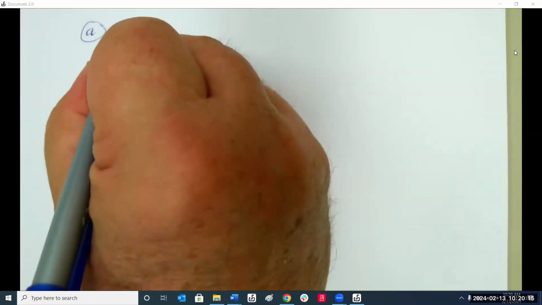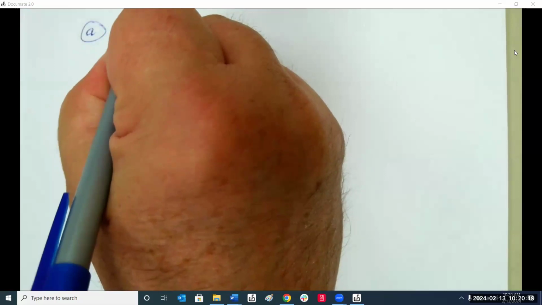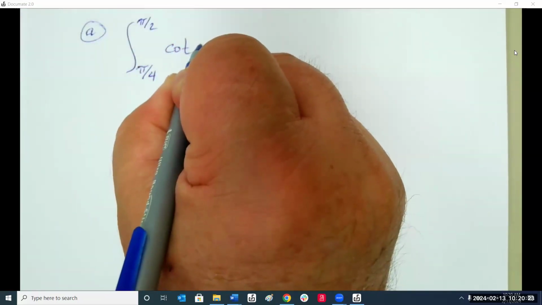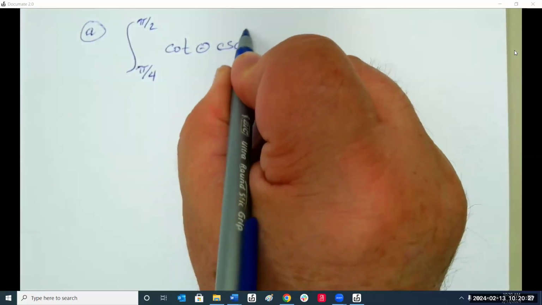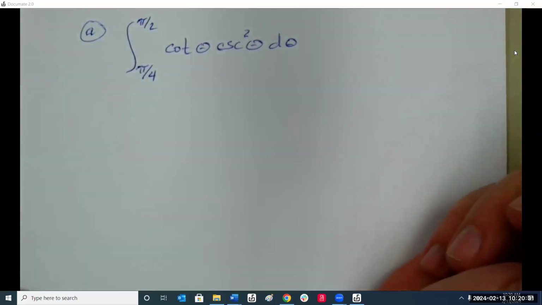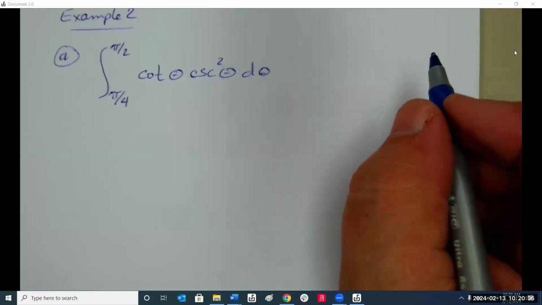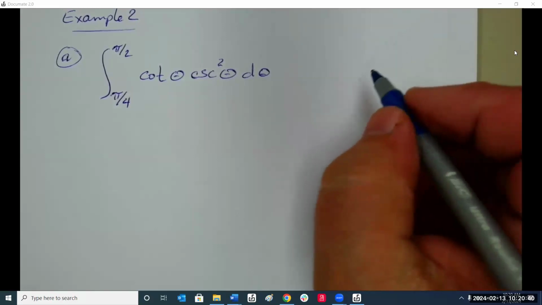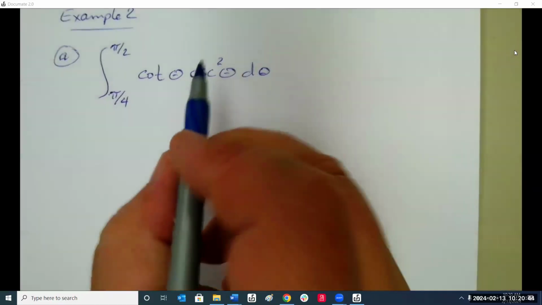A. From pi over 4 to pi over 2, we have cotangent theta times cosecant squared theta d theta. Looking at our cheat sheet, which one of these is going to be our u value?